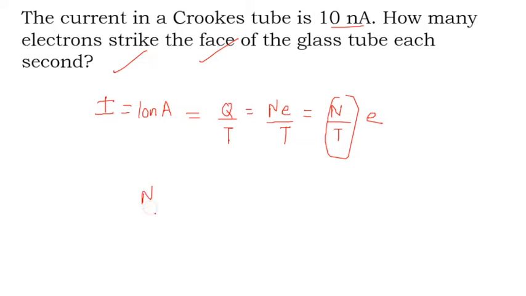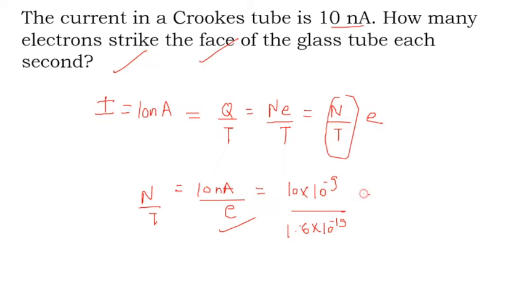So N by t, how will you find it? You do 10 nanoampere divided by e. What is 10 nanoampere? 1 nanoampere is of course 10 to the power minus 9, divided by e, which is 1.6 into 10 to the power minus 19, the charge on an electron.